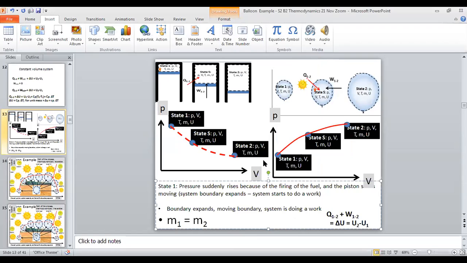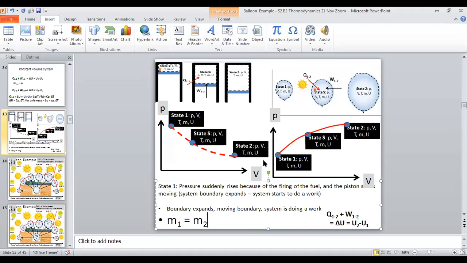The engine can be a faster process, and you can consider it as an irreversible process, but the balloon example may be quite slow, and you may consider it as a reversible process. So you can see the contrast depends on the situations. PV for the balloon is the right side curve. For the piston cylinder system, for work done expansion, it's the left side curve.